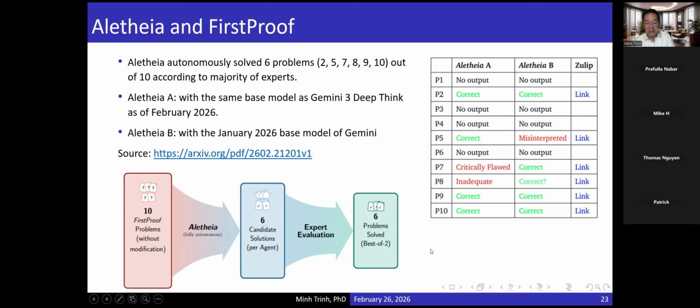Then it was reviewed by independent experts, and for the majority of experts, it solved 6 problems. For many there's a consensus that Aletheia has solved the problems. Maybe for 1 or 2 there's no consensus, but the majority still say that Aletheia solved the problems.